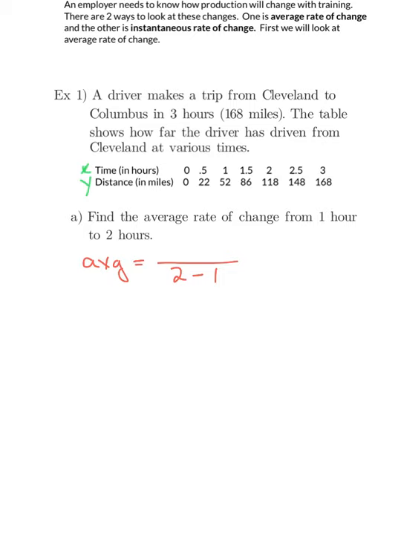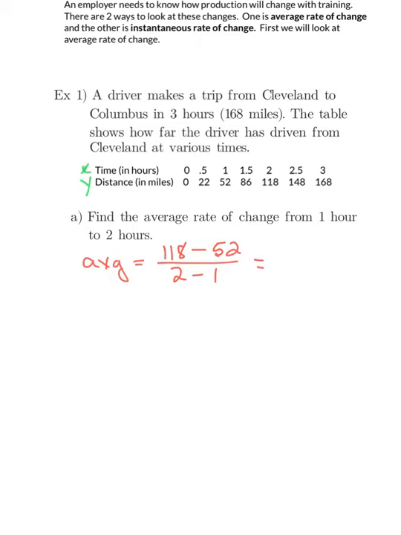Now for the numerator, you have to put the distance you went at 2 hours, which was 118 miles, minus the distance you went at 1 hour, which was 52 miles.